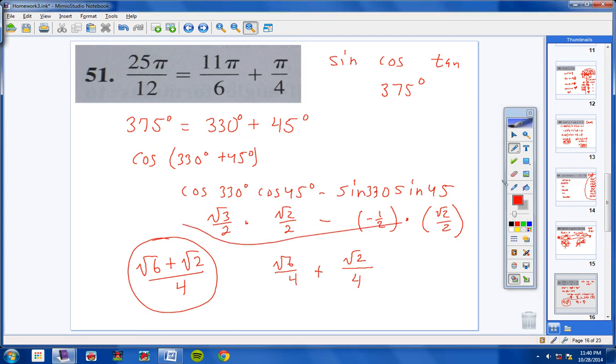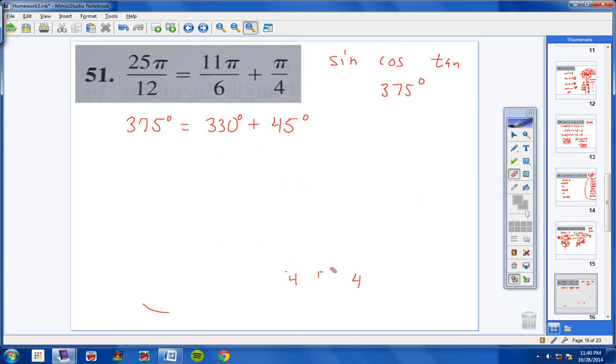Tangent. Here we go. Tangent of 330 plus 45. Okay, now the substitution for that would be this.